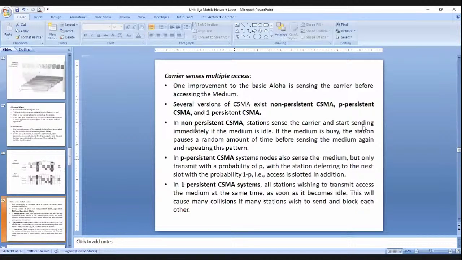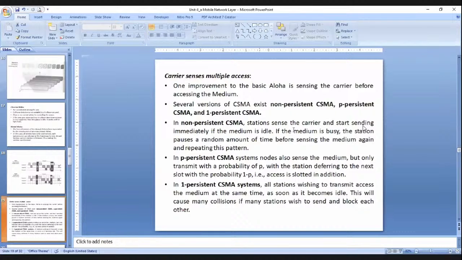The station senses the carrier and starts sending immediately if the medium is idle. That was a very generally known thing. When you introduce this carrier sense, it means that whenever the medium is free, you can send the data, so you need to sense the carrier first.